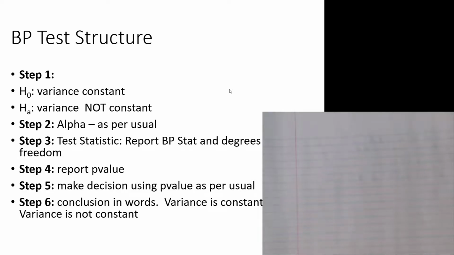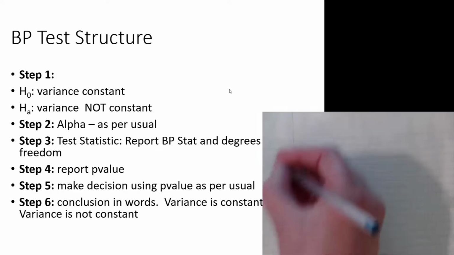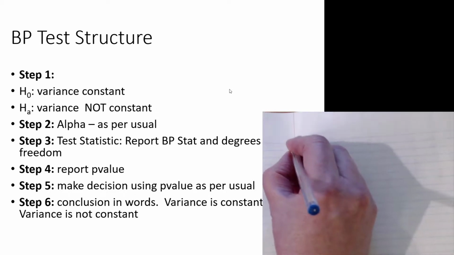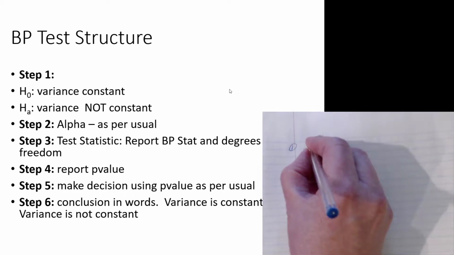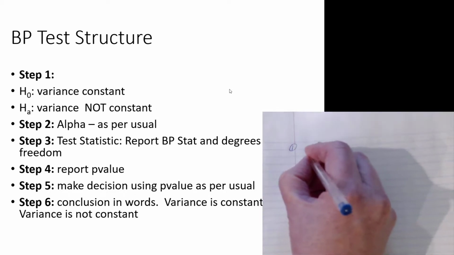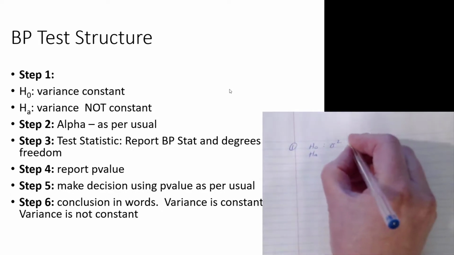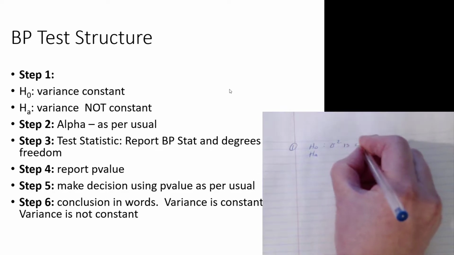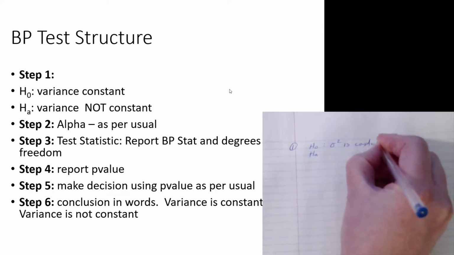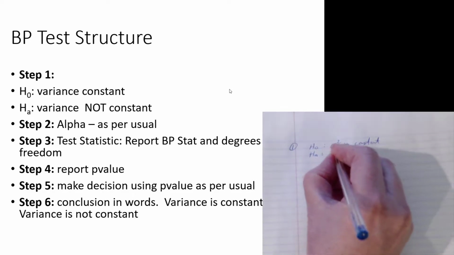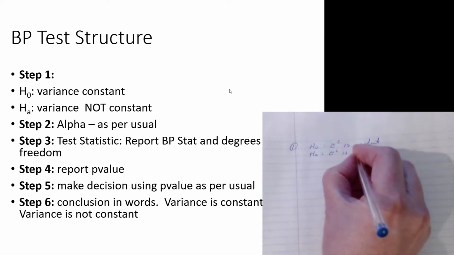Let's look at the test structure in the context of this regression problem that we're working on. We'll test to see if the variance is constant or not. So we start with step 1, where we have an H0 and an HA. H0 is that we assume the variance is constant, because this is an assumption we make, unless we can show that the variance is not constant.